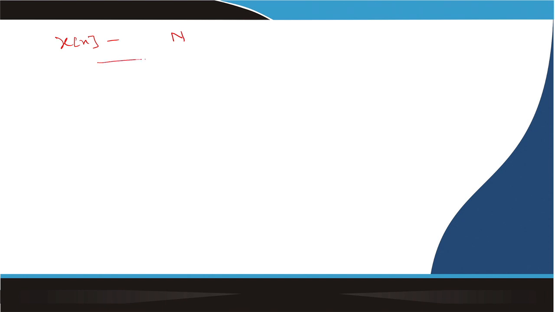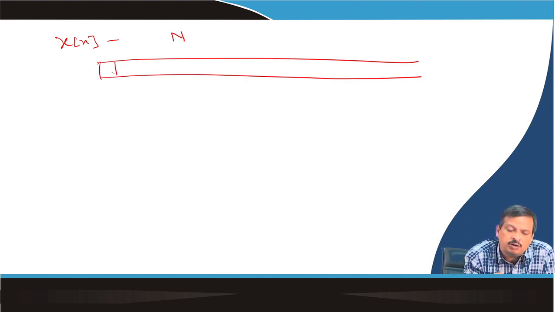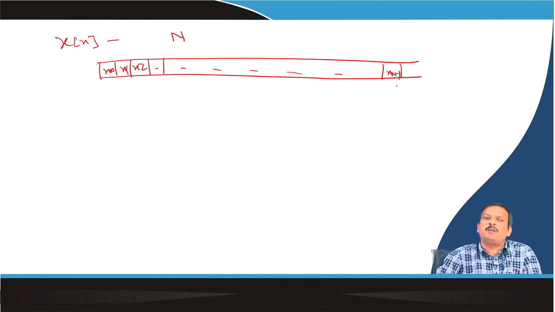How is the signal stored? There is an array, here x0 is stored, this location stores x1, this location stores x2, like that up to x of n minus 1. So n samples are stored.